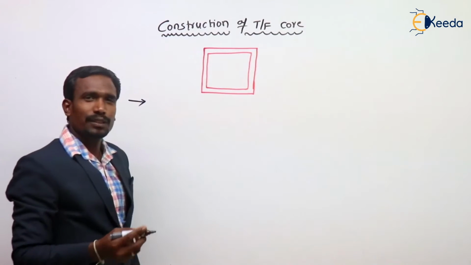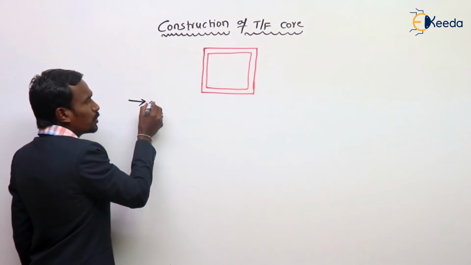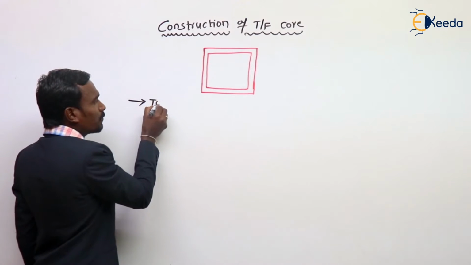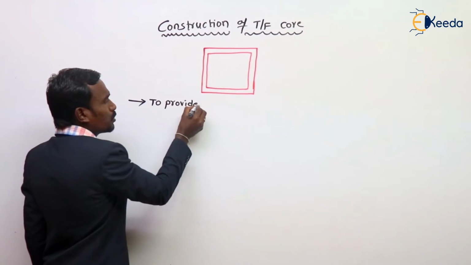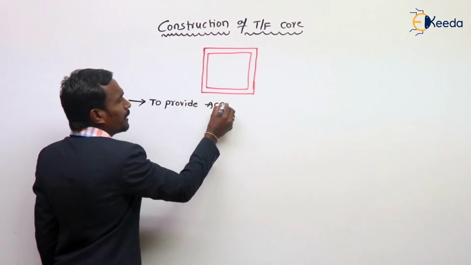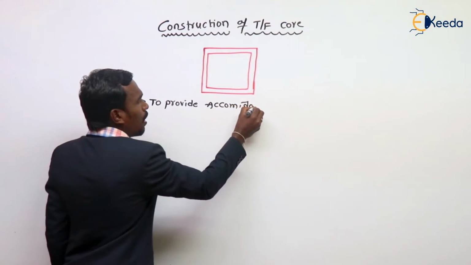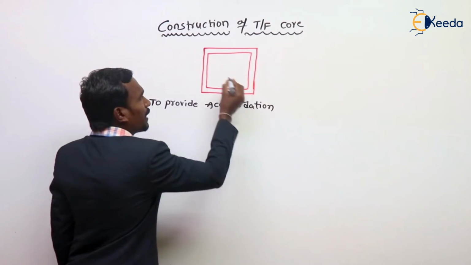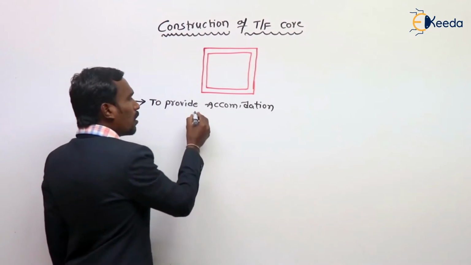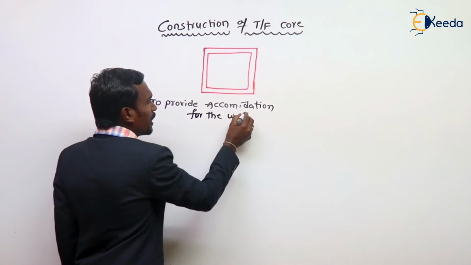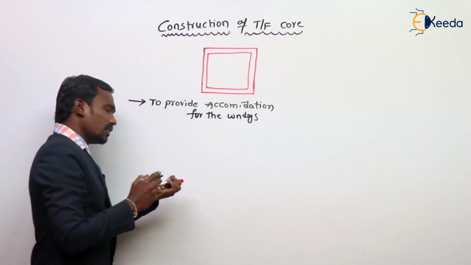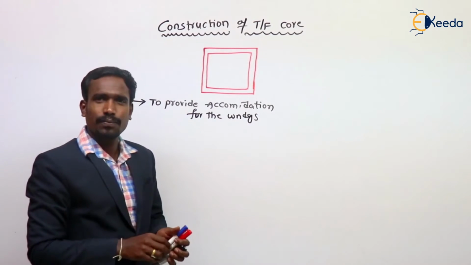The purpose of the transformer core is, first, to provide accommodation for the windings. This is the first and most important.